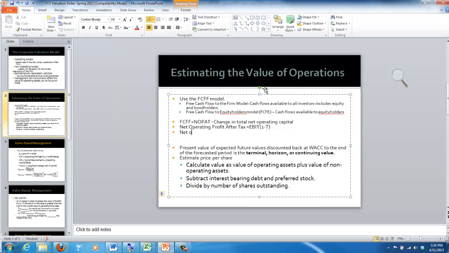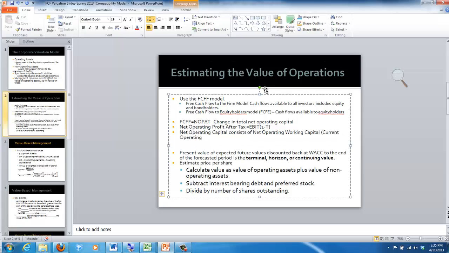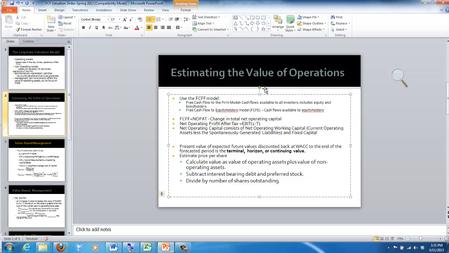And net operating capital consists of net operating working capital, which are the current operating assets, or the short-term operating assets, less the spontaneously generated liabilities, and the long-term fixed operating capital, also referred to as fixed capital investment.